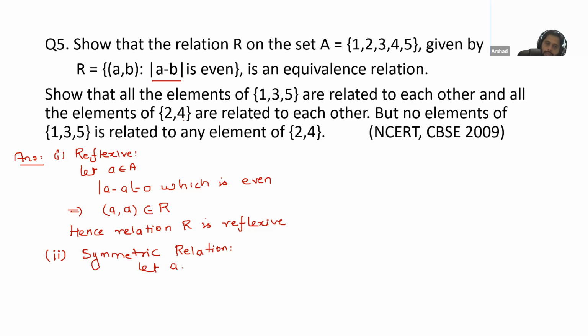Let (a, b) belong to R. First of all, we assume two values from the set A and assume that they belong to the relation R. These are the fixed steps.